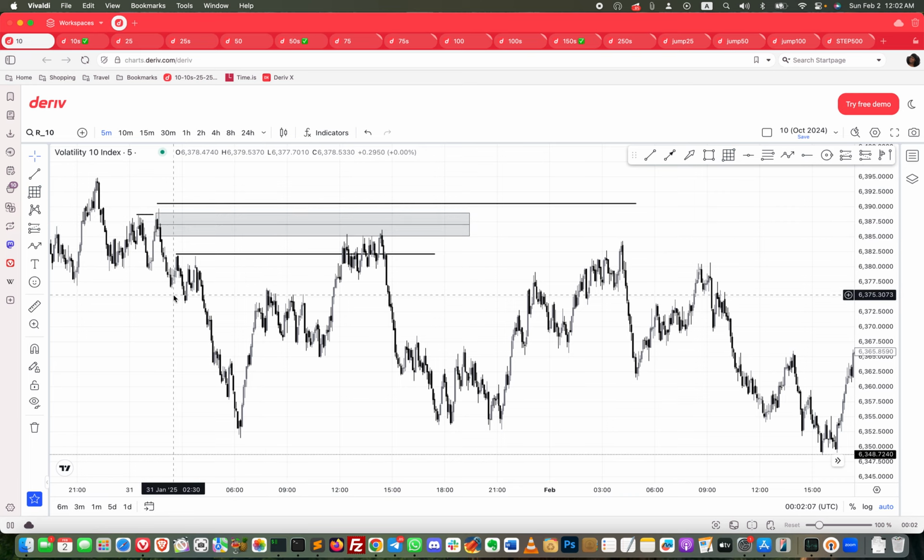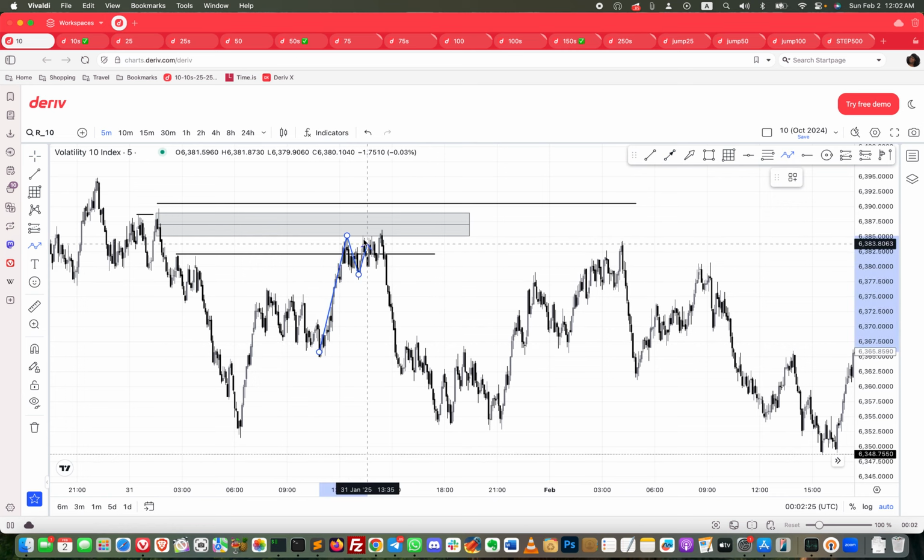The supply one is what worked because it came and tapped into it, and when it comes into your POI, you need to see kind of the same thing, right? It was going higher high, higher low, higher high into the POI, and then whoop, it changed. So now we are going for a downtrend.